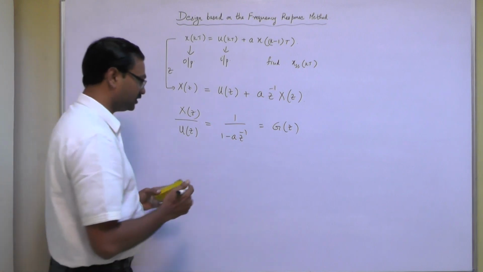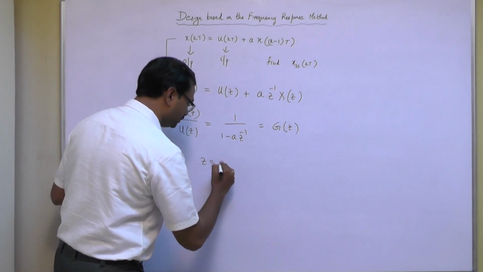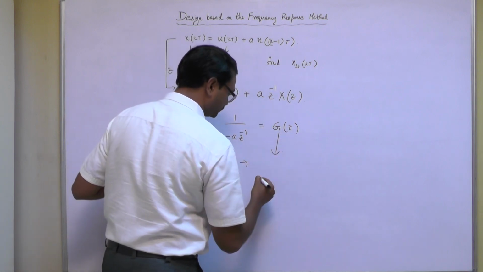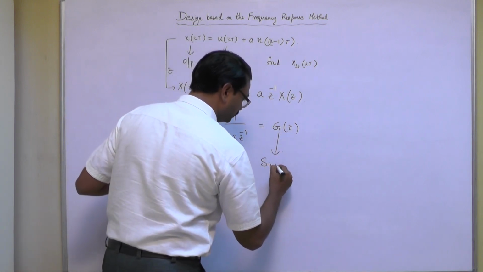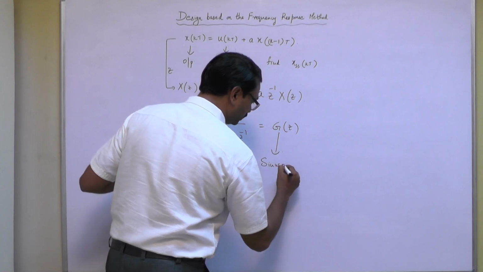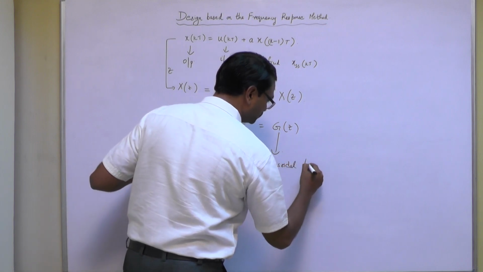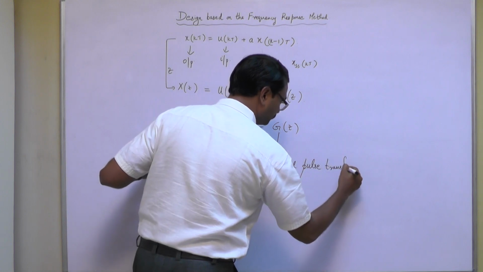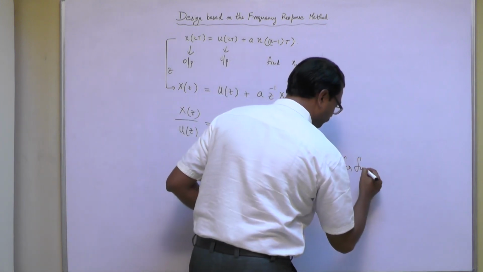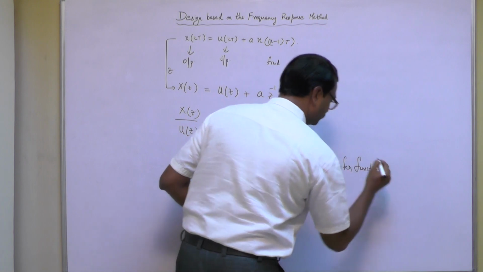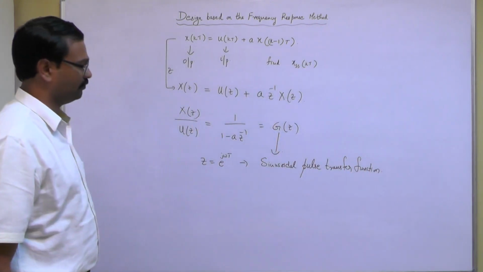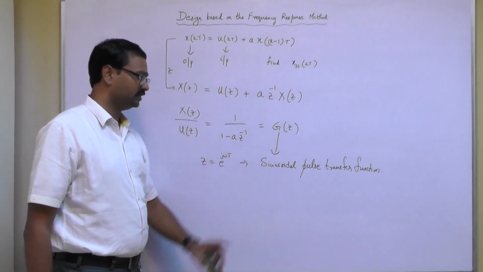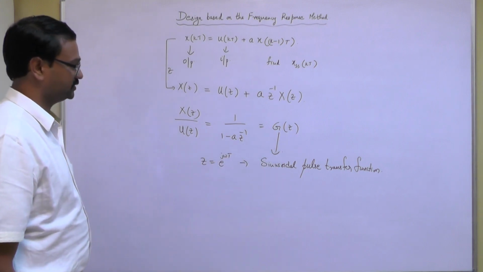And since we are replacing z with e power j omega t, this transfer function can be called the sinusoidal pulse transfer function.